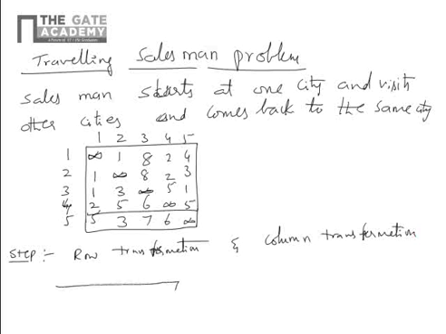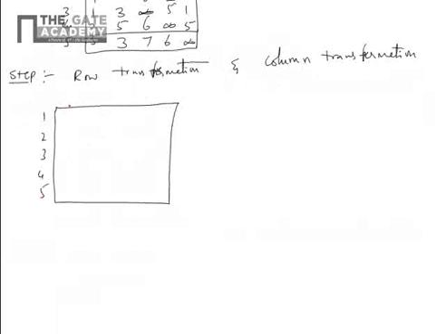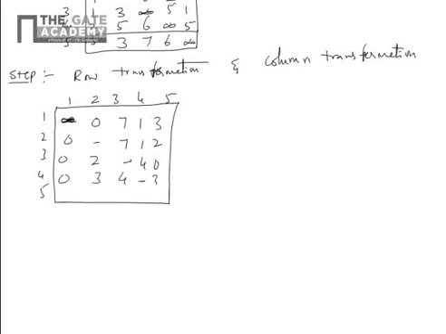First, row transformation: subtract the lowest value from all the values in the row; infinite or undefined stays undefined. The rows become 0 7 1 3; 0 undefined 7 1 2; 0 2 undefined 4 0; 0 3 4 undefined 3; 2 0 4 3 undefined. That is the row transformation.